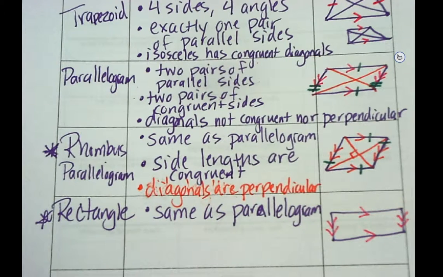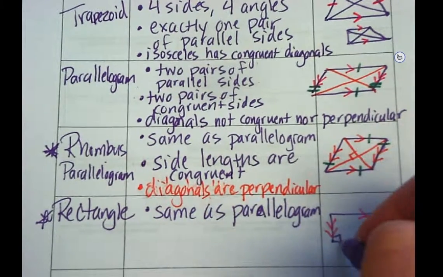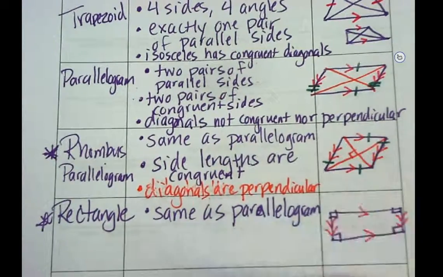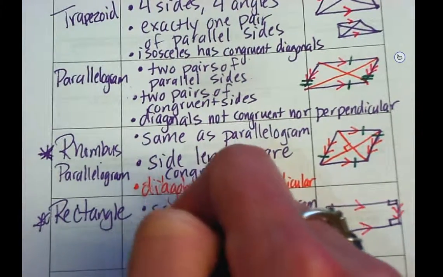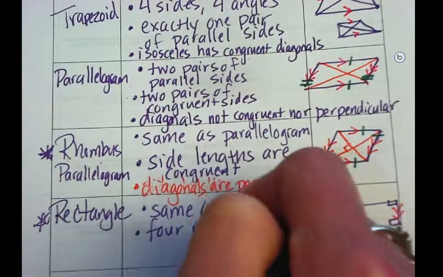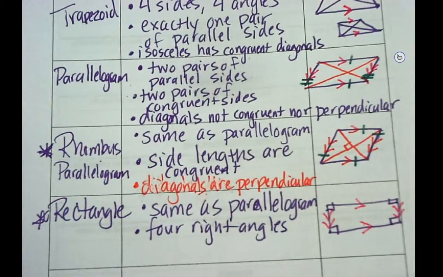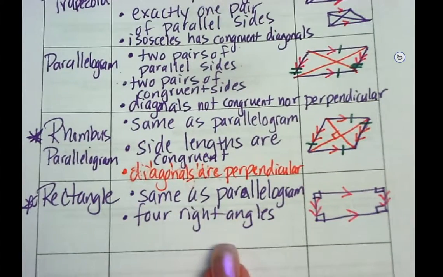Right angles. Good. So it has 4 right angles. That's what makes it special, because it's just like a parallelogram, but it has 4 right angles.